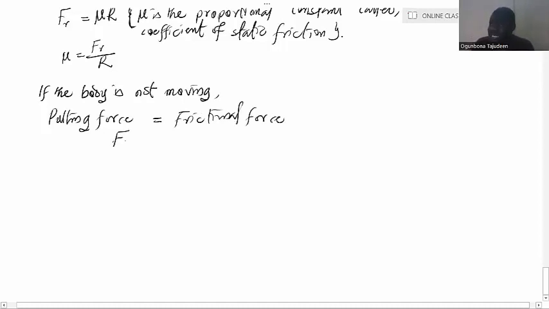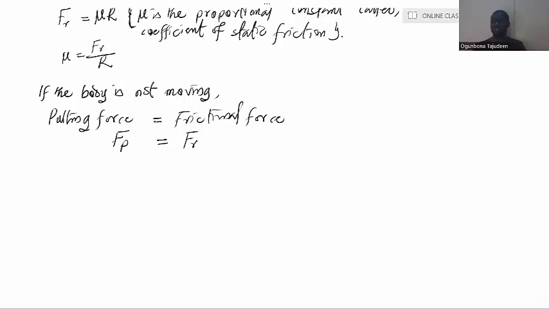That is, the frictional force will match the magnitude of the pulling force. I believe you get that right. The first thing you must note here is that when the body is not moving, the pulling force Fp equals the frictional force.